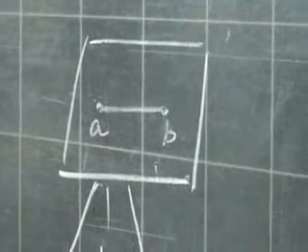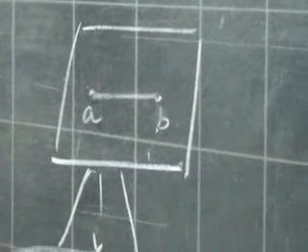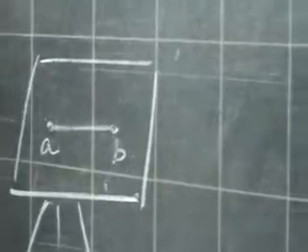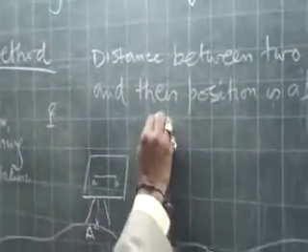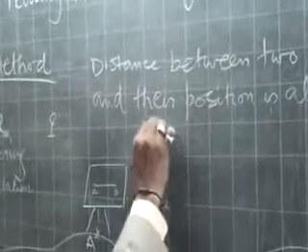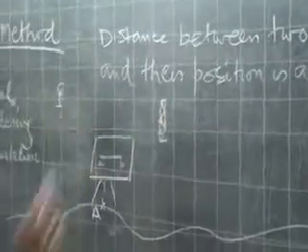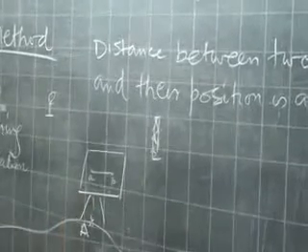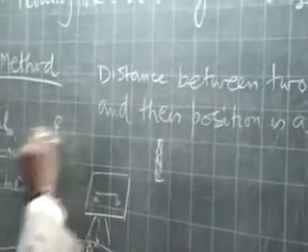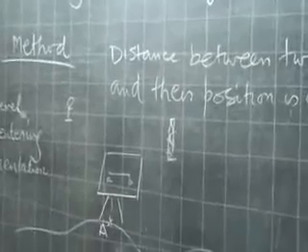In order to start working from A, very simple: we will take the surrounding objects, like there is a tree here, there is a pole here. We will plot these points. From A, we will bisect the tree using the alidade.